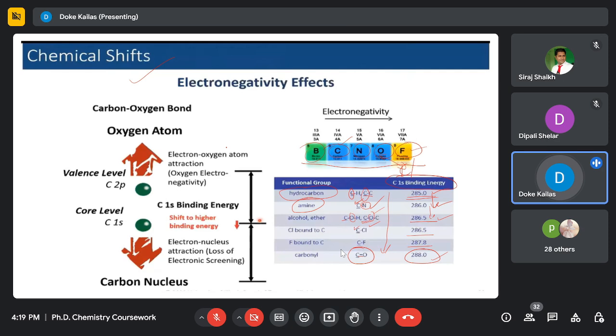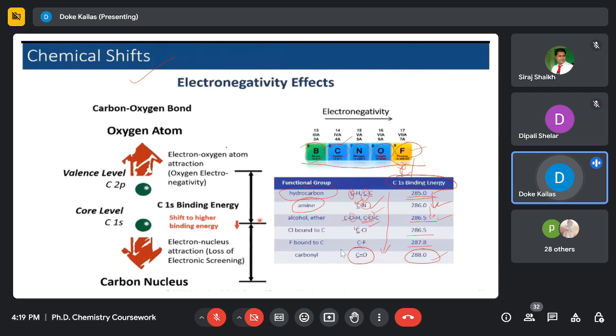The first carbon, this blue colored carbon, is bonded with one more carbon and three hydrogens: a methyl carbon, which we normally assign in NMR as a methyl carbon. This carbon has a 1s binding energy of 285 electron volts, like the previous slide. Now, the next carbon has a different environment.